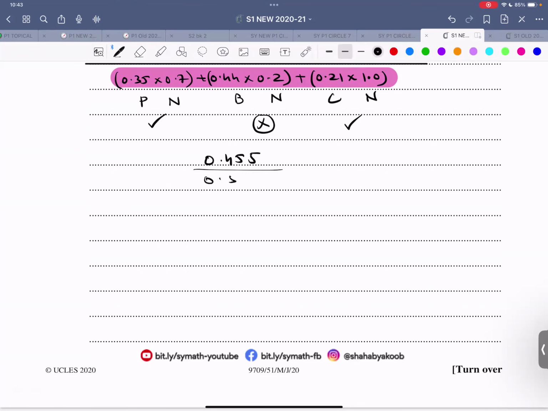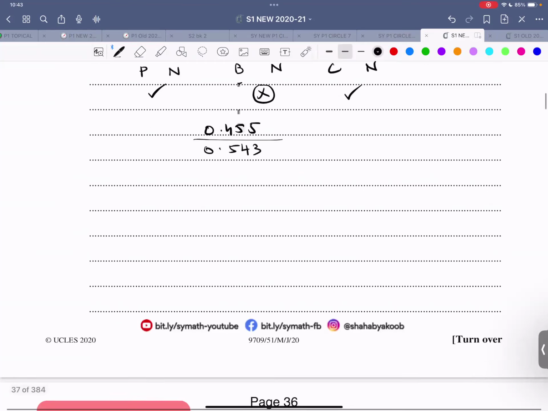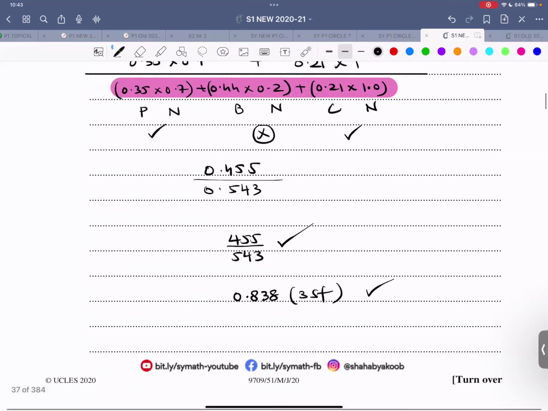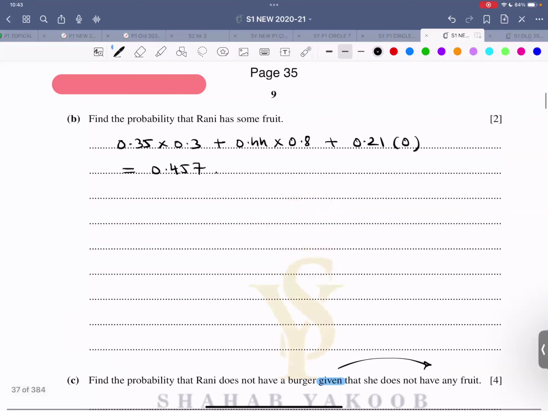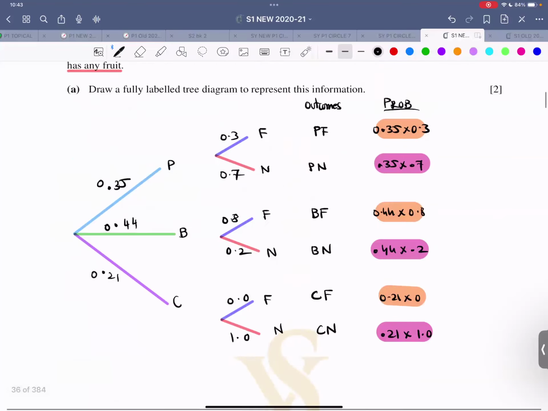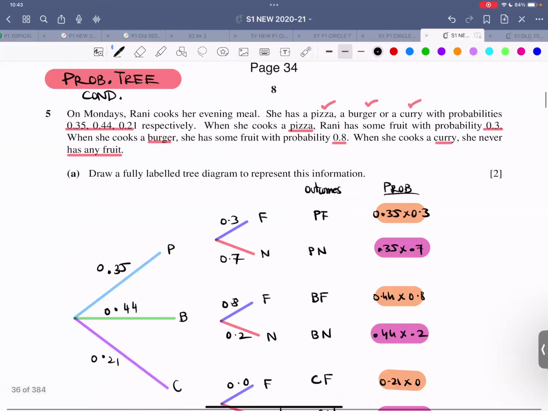And when we divide, we get this answer as 455 over 543. This is perfect. Or if you are a decimal fan, 0.838 correct to three significant figures. This is also good. So that's how this particular question of conditional probability is all done and dusted.